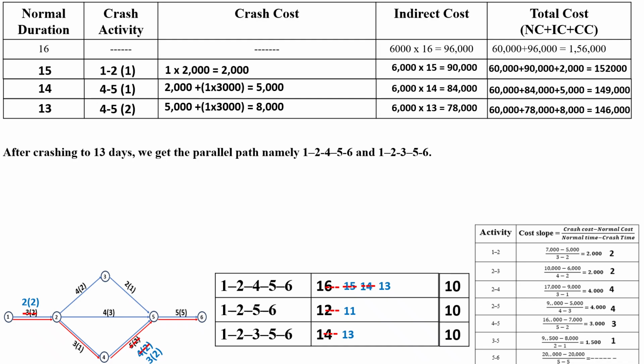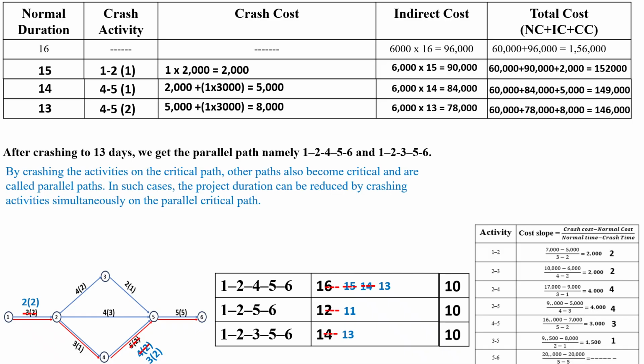After crashing to 13 days, the critical path 1, 2, 4, 5, 6 duration is 13 days. Similarly, the other path 1, 2, 3, 5, 6 duration is also 13 days. So 1, 2, 4, 5, 6 is the critical path with 13 days, and 1, 2, 3, 5, 6 is the parallel path with 13 days.